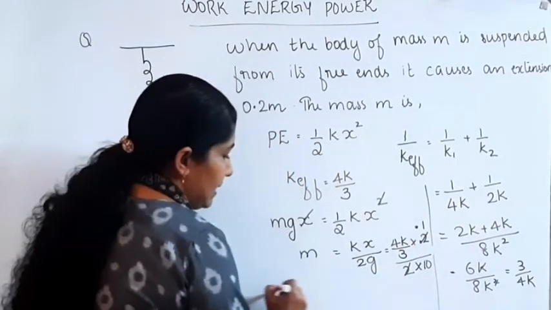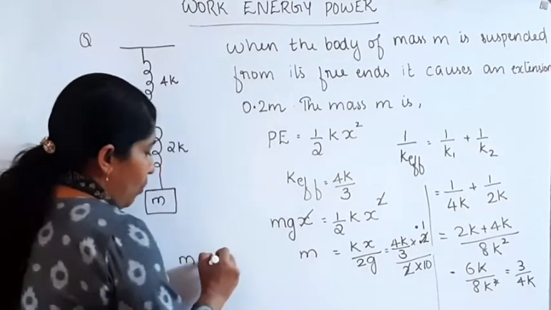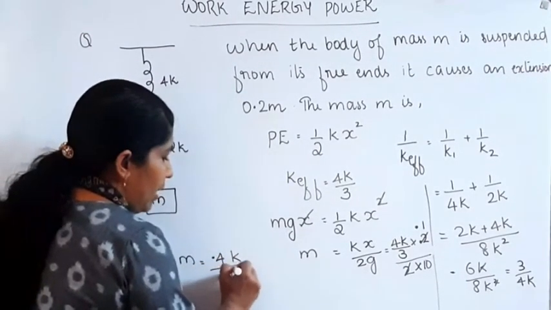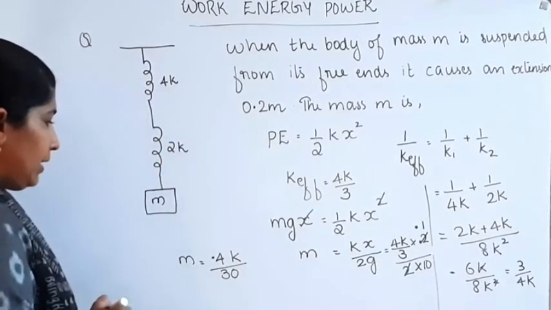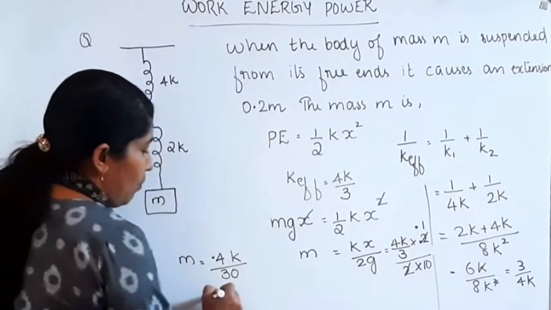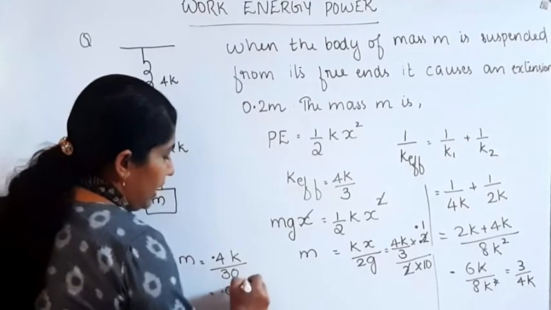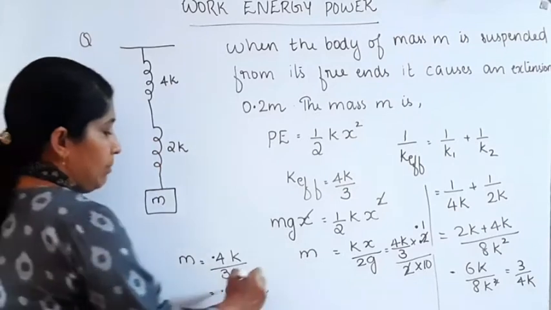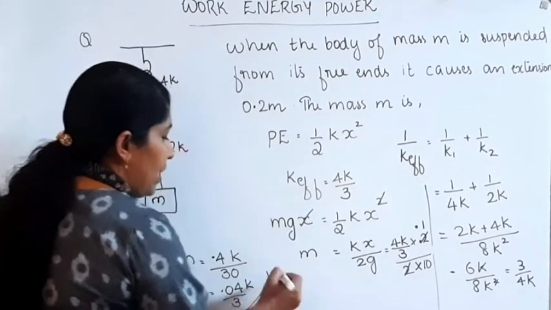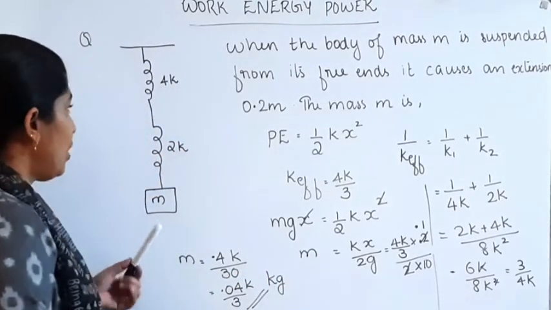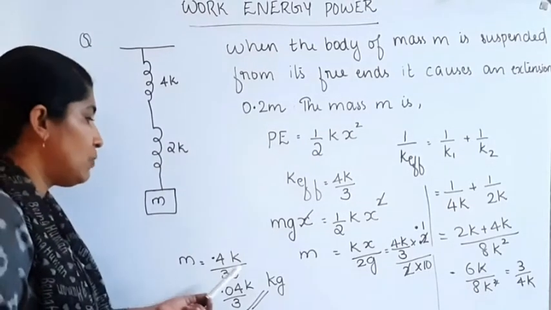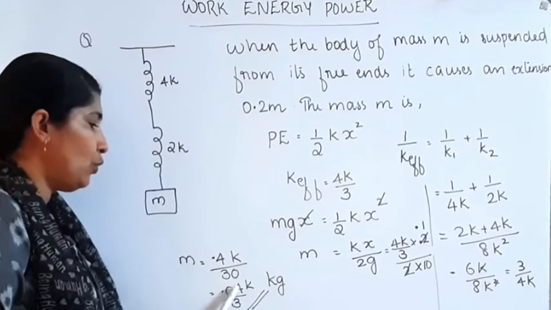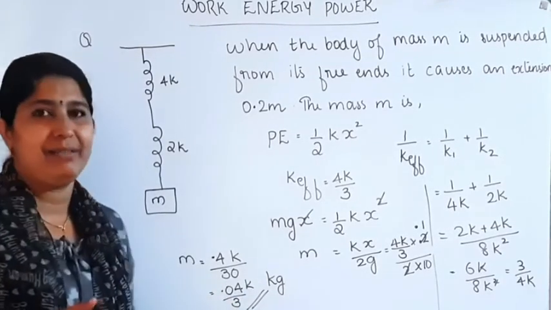Then the final answer, mass m is equal to 0.4k divided by 30, or we can write it as 0.04k divided by 3. Okay, this is the answer, that much kg. If the value of spring constant is given here, then we can substitute that value also. Then mass m is equal to 0.04 into k divided by 3.